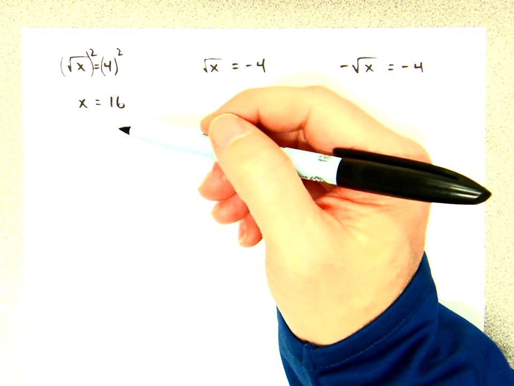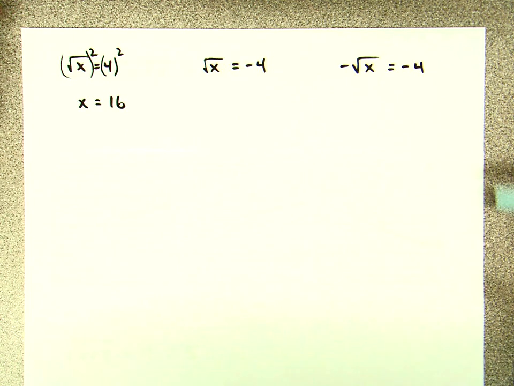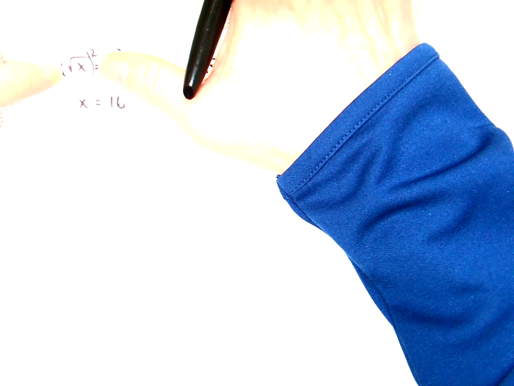Now, we've got to be careful because as a square root function, ignoring the 4, I can plug in any x that I want in here, of course, but the square root doesn't always work for any number I have for x. 0 works, positive numbers work, but square roots of negative numbers are imaginary.